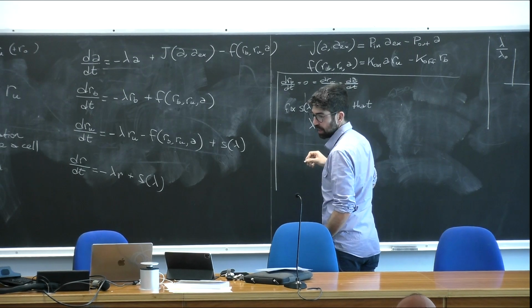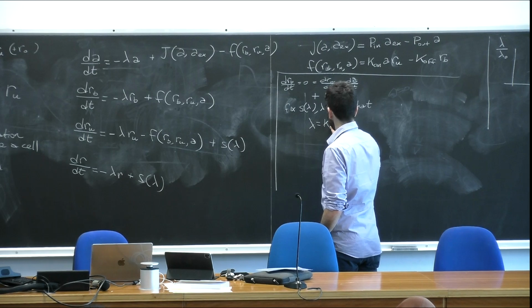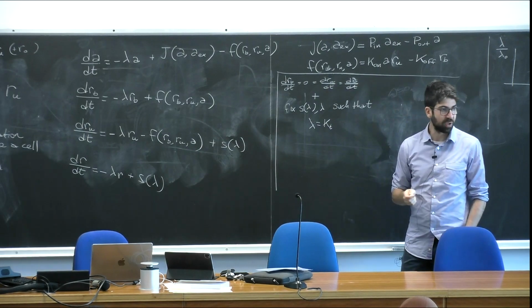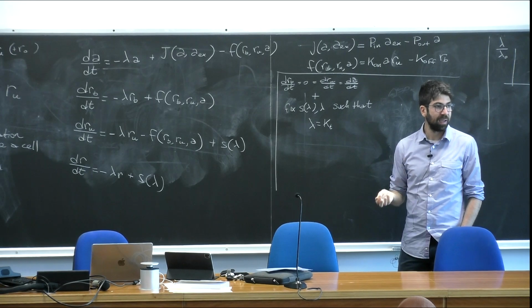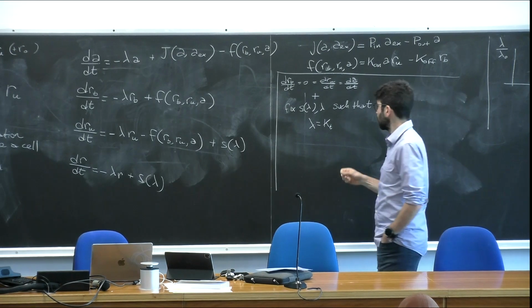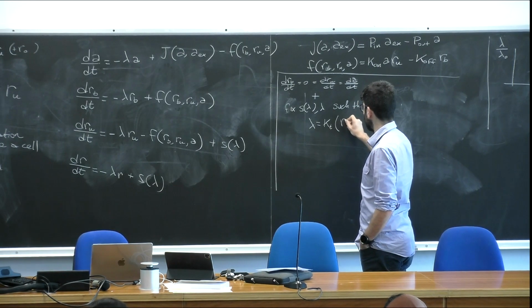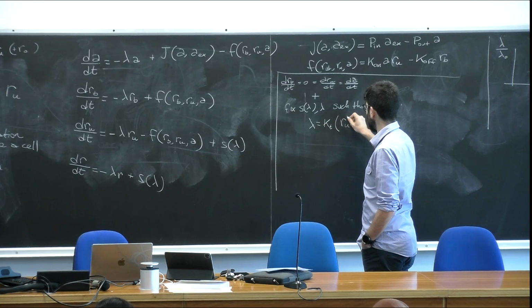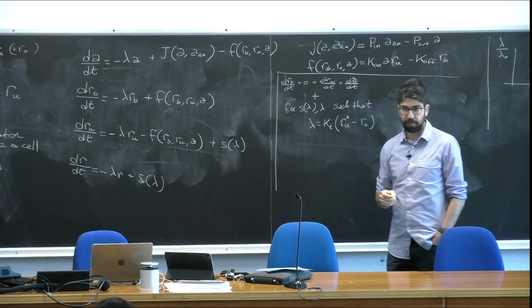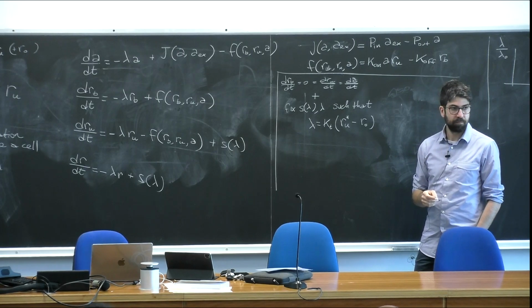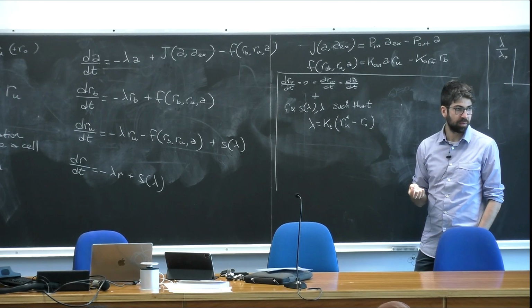Is equal to k_t, okay, the translation rate. What is translating? Only the unbound ribosomes. So what we know is that this has to be equal to R_u star minus R_0. Okay? So this is the result of the first growth law.